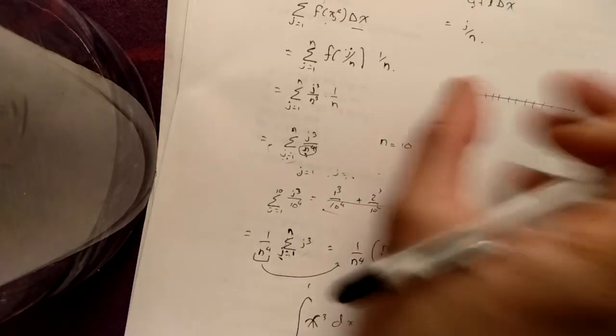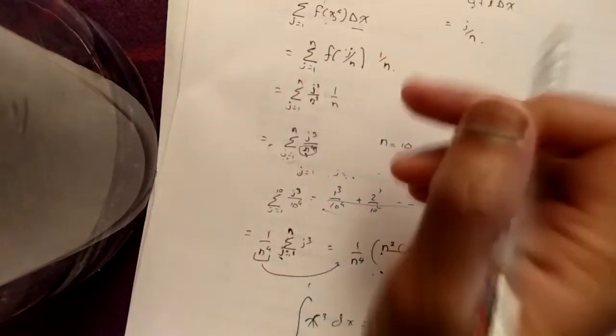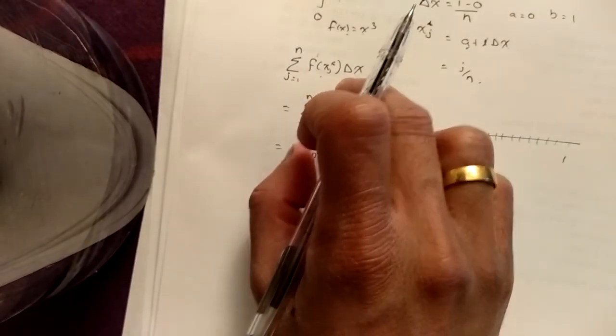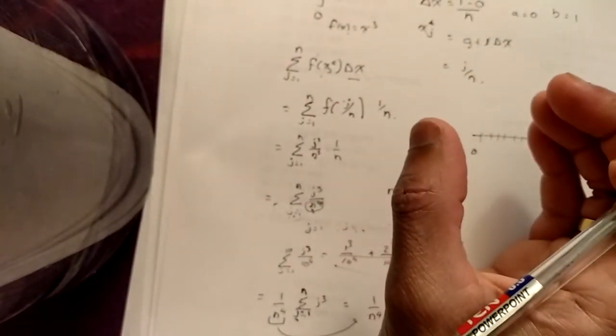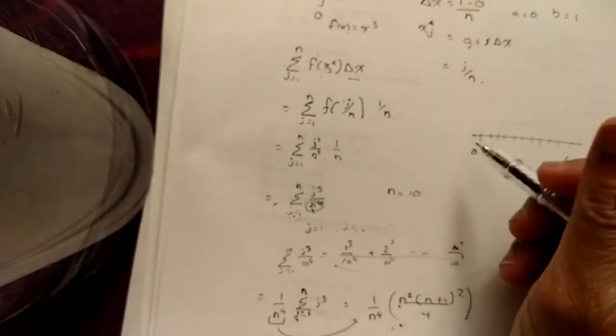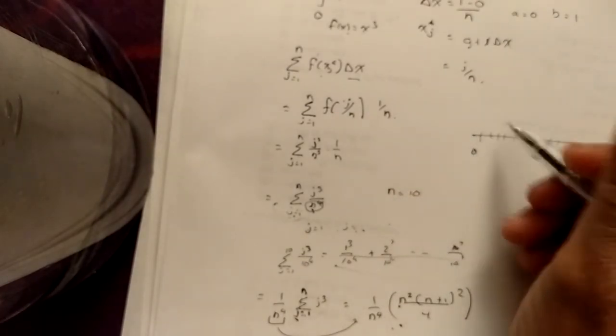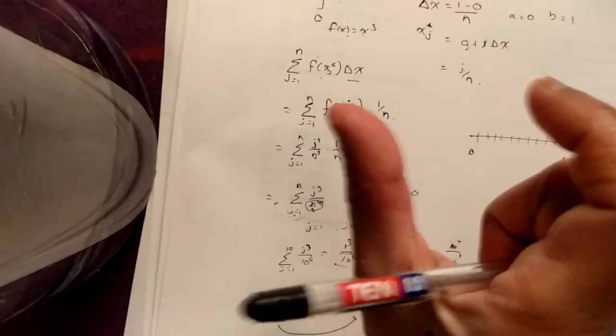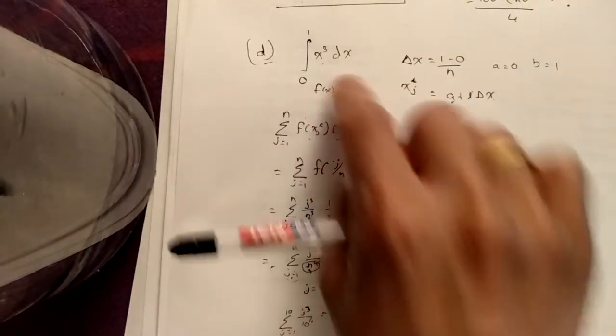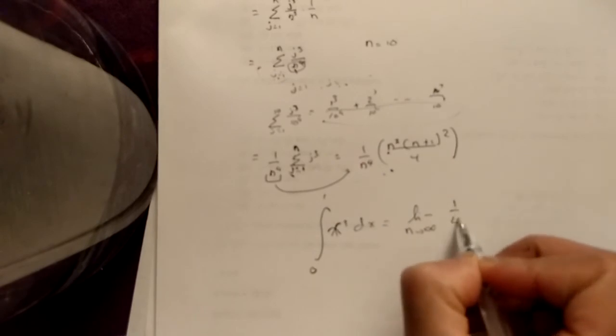The addition for all those subintervals. And when the number of subintervals goes to infinity, that becomes the integral, right? So the summation of infinite subintervals, the area of those subintervals when the number of subintervals is infinity is equal to the integral, right? So we just have to compute the limit of this value, right?